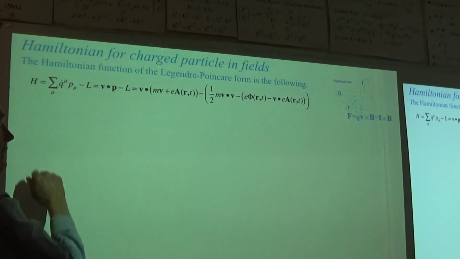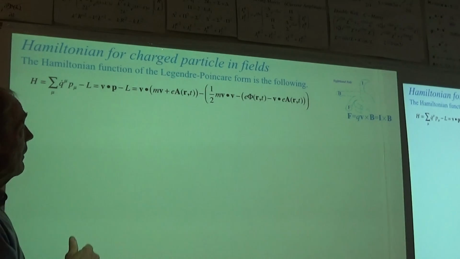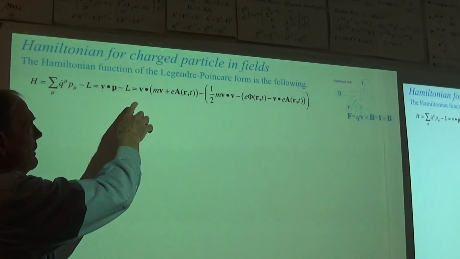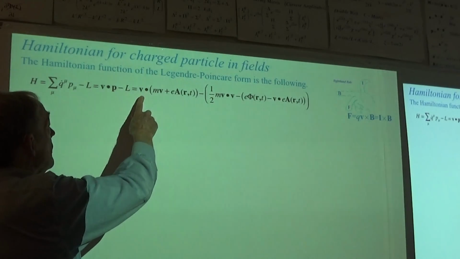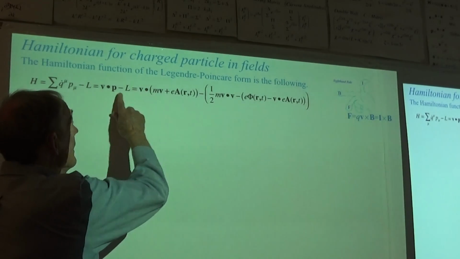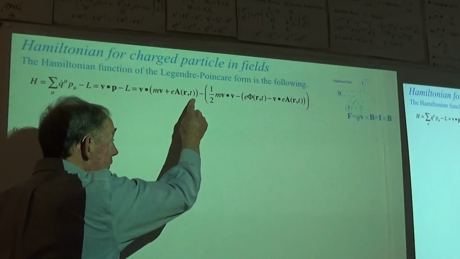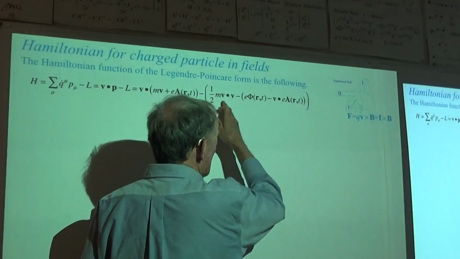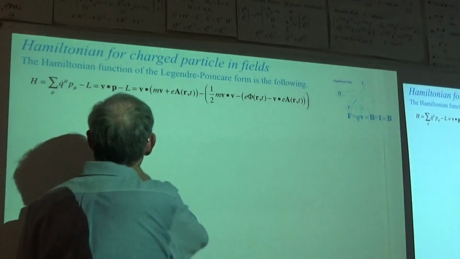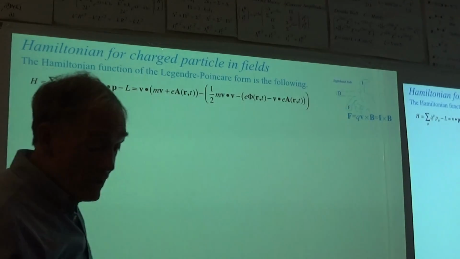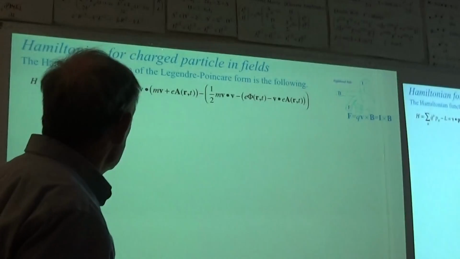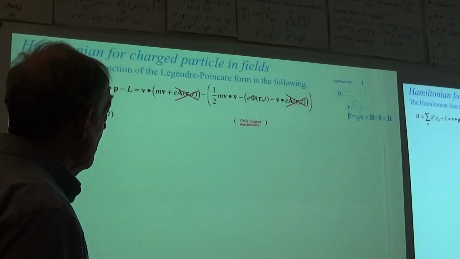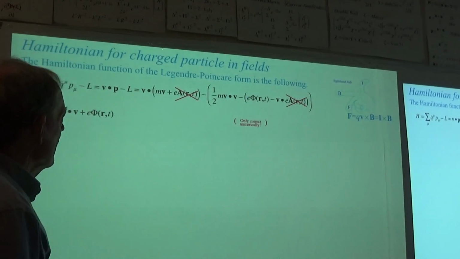I'm putting a sigma here just to remind you that the dummy sum rule isn't always used in literature. But when I go here and do a V dot P, now there's P with the A that goes along with it now, and then we subtract the whole Lagrangian from that. That's the Legendre transformation from the Lagrangian to the Hamiltonian.